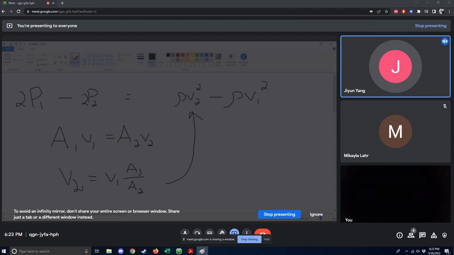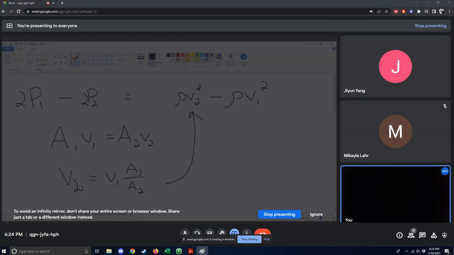Oh wait, I think I just got it. Yeah. So rho. So it's going to become rho v1 squared times A1 squared over A2 squared, and then minus rho v1 squared. And then you can pull out a rho v1 squared from both terms. Like I said, move things around.